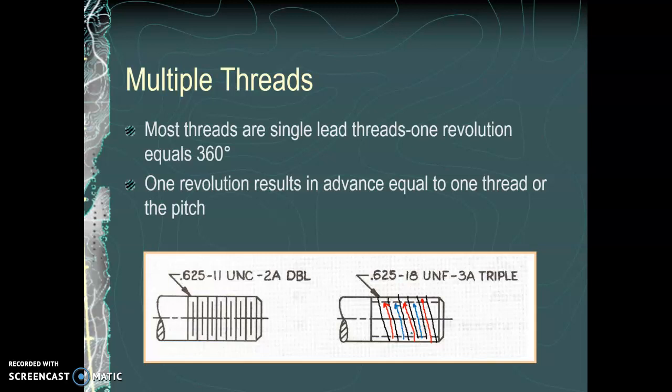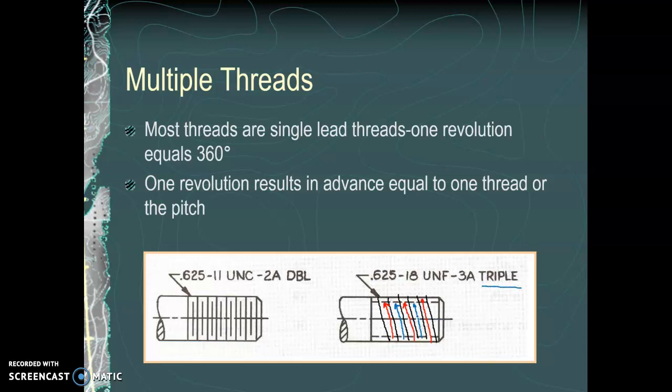So basically what happens when you have these multiple threads is that one revolution of the fastener is going to advance the fastener twice as far than it would have if it was just one thread. And actually, I guess in here, this is actually a triple.